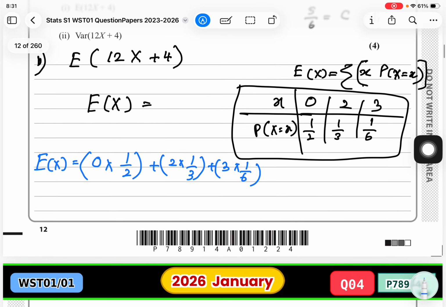Taking the addition of everything gives 7 out of 6.